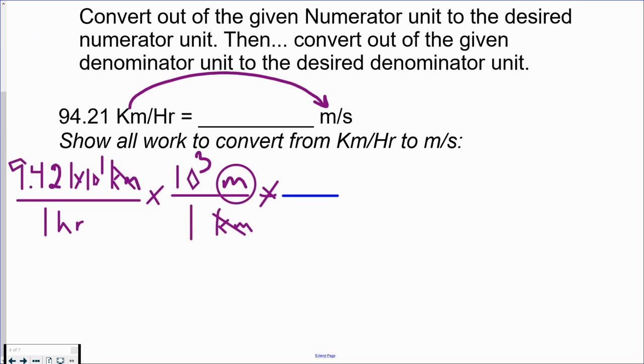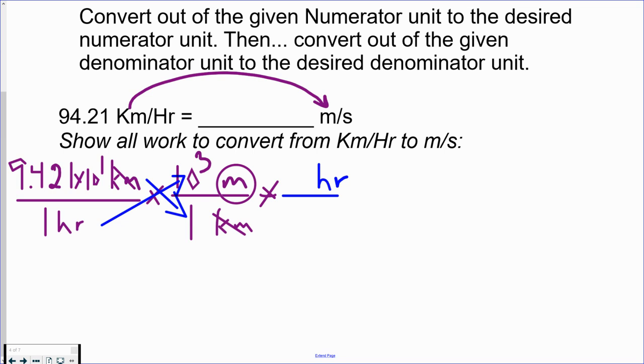Now we can do hours. This is where it gets a little tricky. Since kilometers went down to get canceled out, hours has to go up. So we're going to put hours on the bottom.